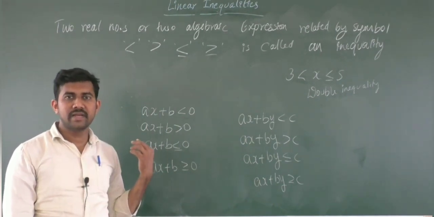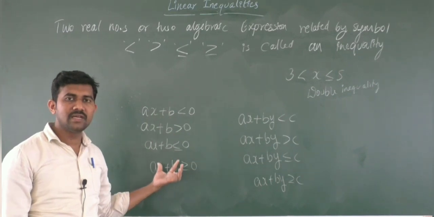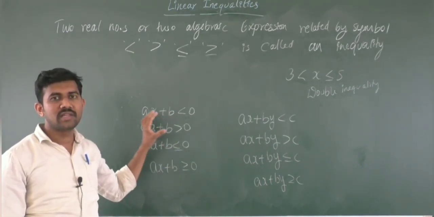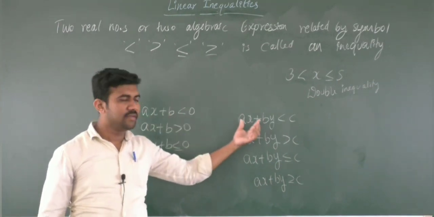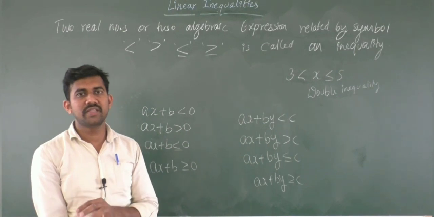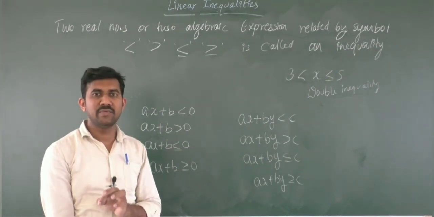If you have a linear inequality in one variable, then how to plot the graph on the number line, and if you have a linear inequation in two variables, then how to find the graph in the plane, that we will see.